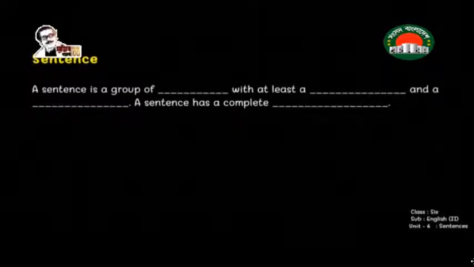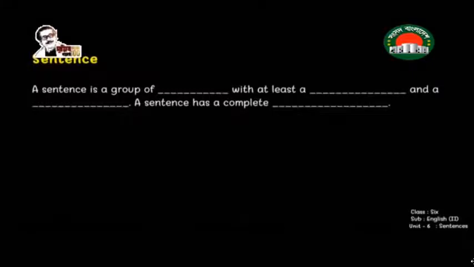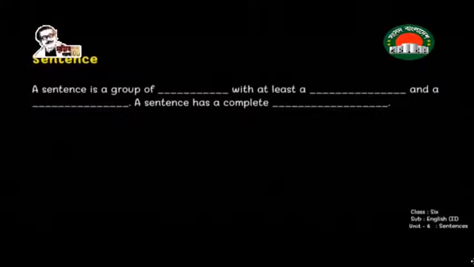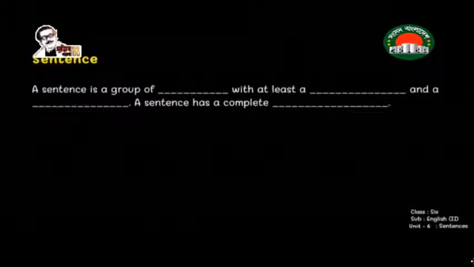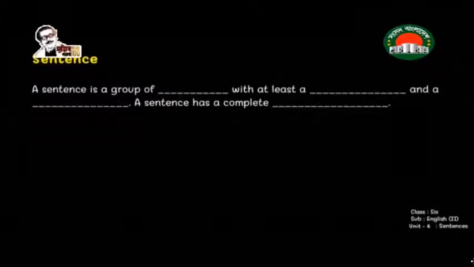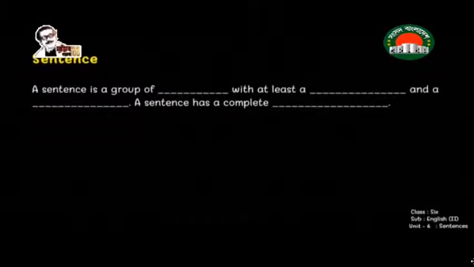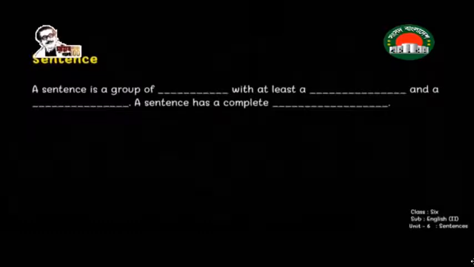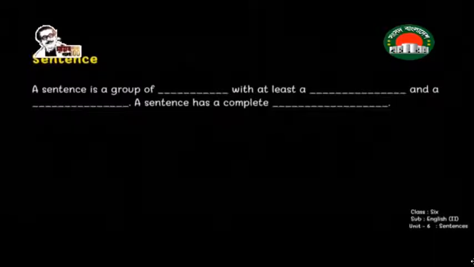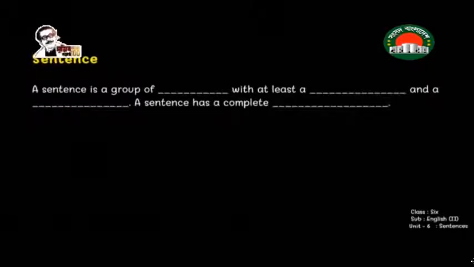A sentence is a group of, so what will it be? A group of words with at least a verb and a subject. A sentence has a complete meaning, at least a verb and a subject, and finally a complete sense.